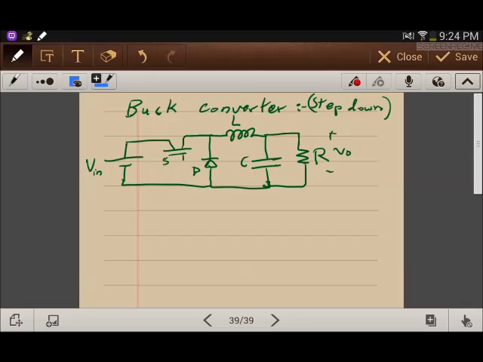So let's analyze this circuit. First of all, I will define the duty cycle, which is the time at which the switch is on, and we call it the on time of the switch, SW, over the period, is equal to T on, the on time of the switch, divided by T on plus T off.